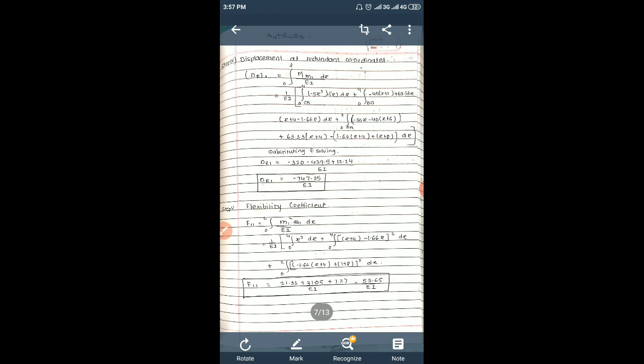So we are going to calculate this displacement dr1. The displacement at R1, where R1 is the redundant RC, the C point that we have considered as redundant 1. So the displacement at R1, dr1, is equal to the integration from limit 0 to L of capital M into small m1 divided by EI into dx.